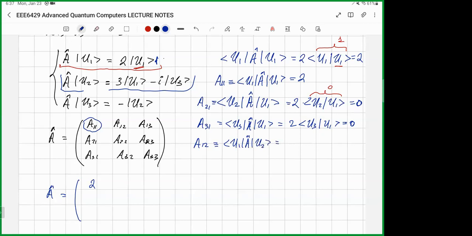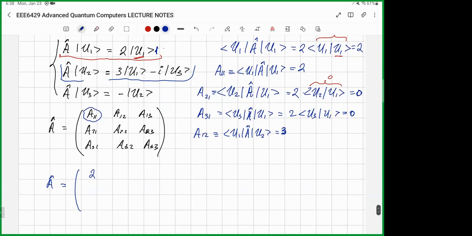So I multiply this rule by u1 on the left, and I see that the first term survives, because it is the u1 element. So 3 u1 by u1 gives me 1, and the second is minus i u1 by u3, which is 0. So this component is equal to 3.